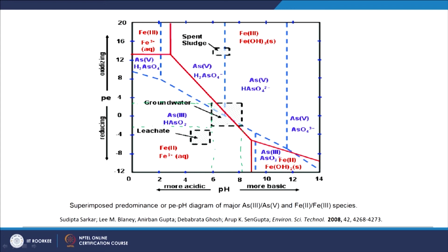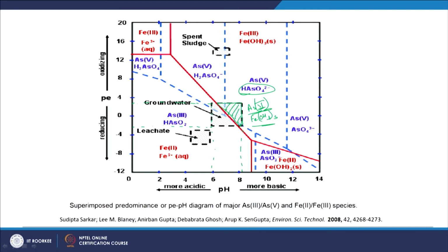In this region, let us try to understand which forms of arsenic or iron are going to predominate. Which form predominates now? Arsenic in oxidation state 5, mostly as HAsO4 2-, and for iron, it is Fe(OH)3, the solid.